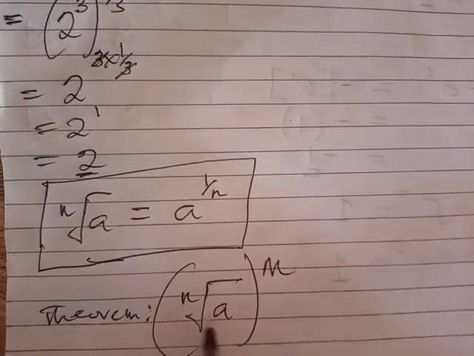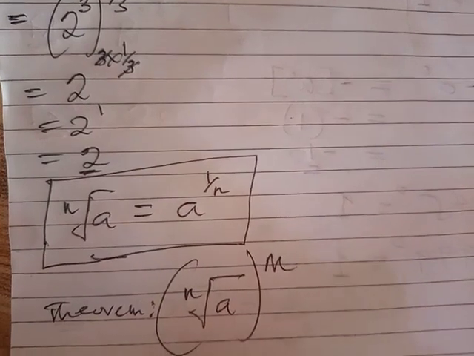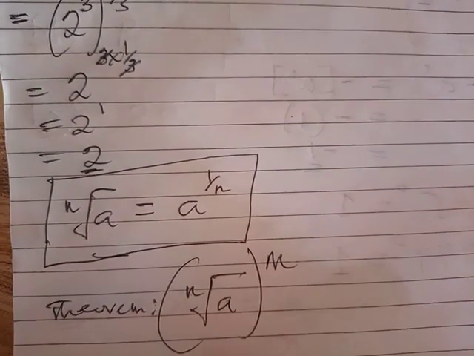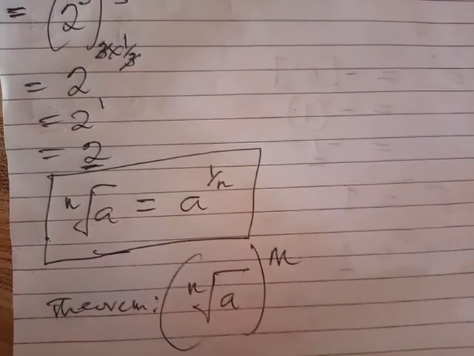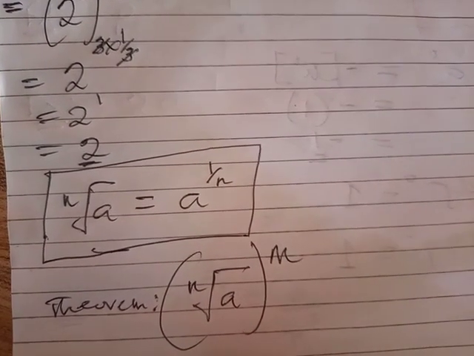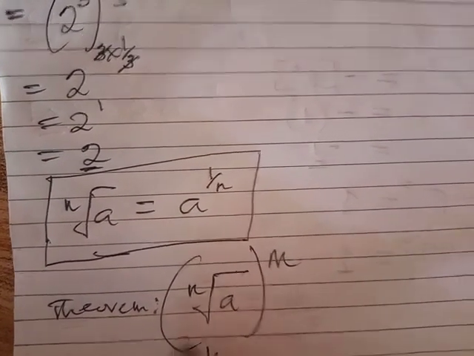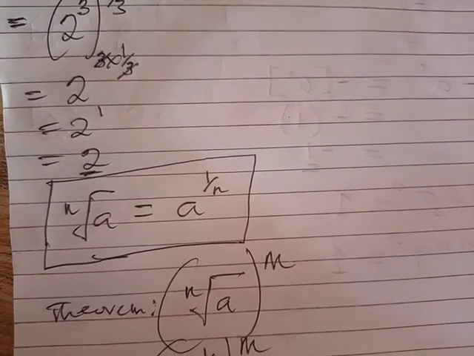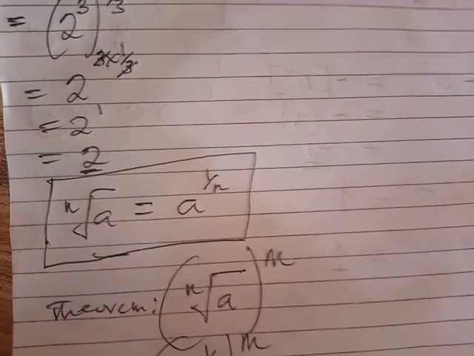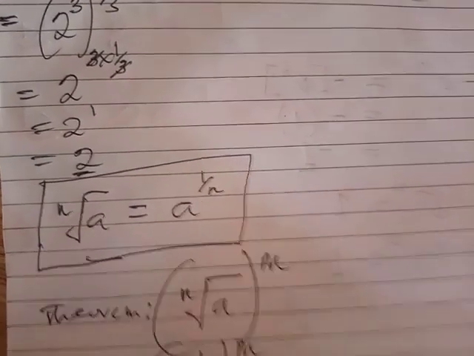The nth root of a number a with an exponent of m. Indices will say that this statement here is the same as a, so this m will multiply 1 over n, so we have a exponent m over n. That's what indices will say.